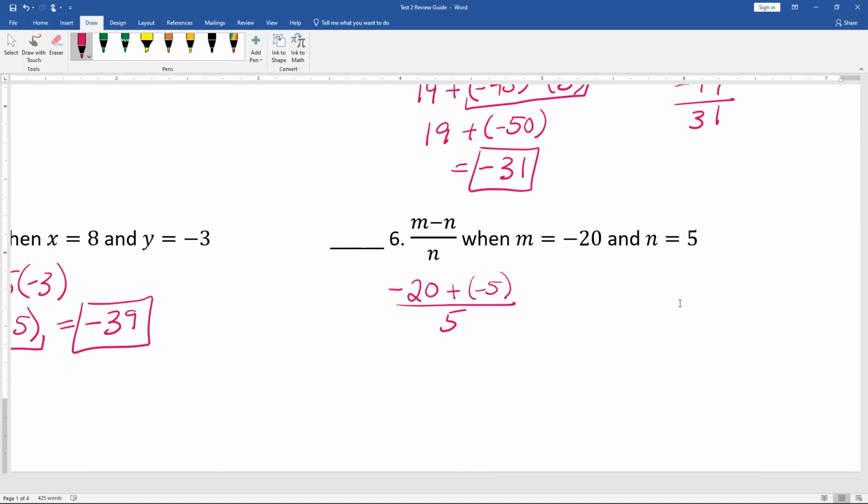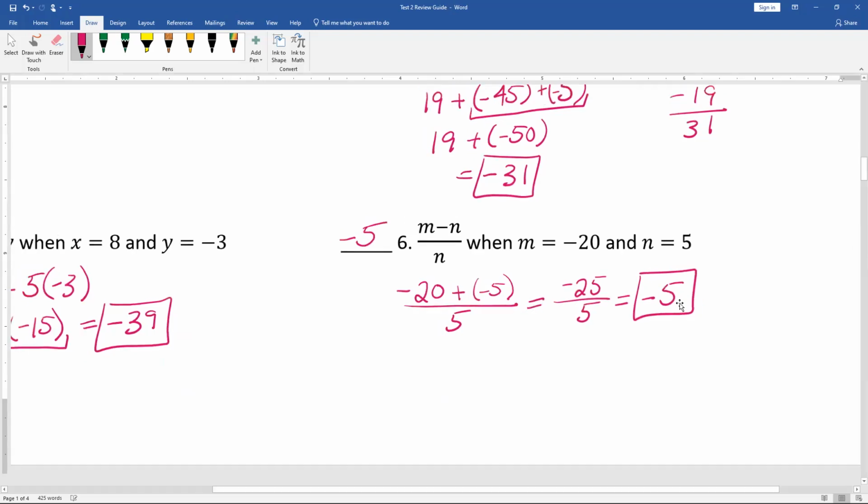You got 35? Okay. Right. All right, so when you make that negative positive, we just skipped a step there. 20 plus 5 is 25, but they're both negative, divided by 5. All right, and what's my answer again? Negative 5, right? A negative divided by a positive gives us a negative.